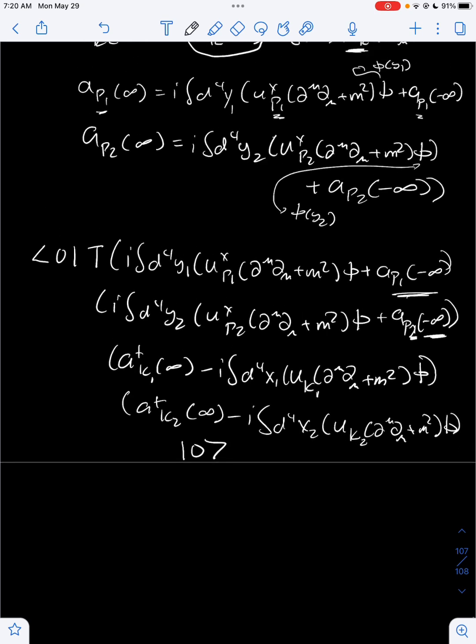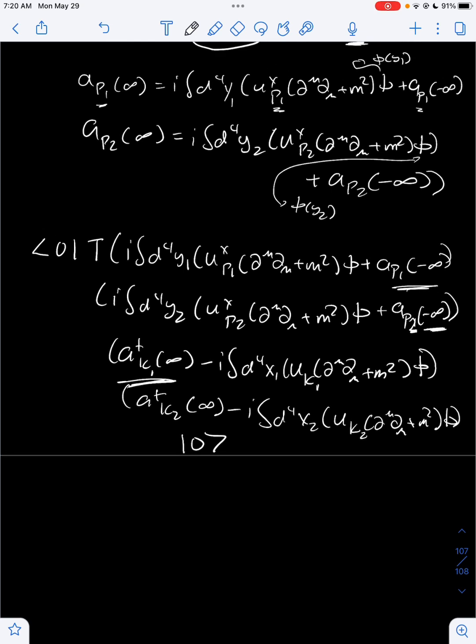Basically, I want you to picture this in your head. I'm not going to write it explicitly, because it's going to take too long. But try to picture this in your head. We're going to have these operators. We're going to distribute this vacuum state and this one as well inside. The terms that contain the annihilation operator by itself and the creation operator by itself are going to be time ordered, so they're going to annihilate the vacuum.